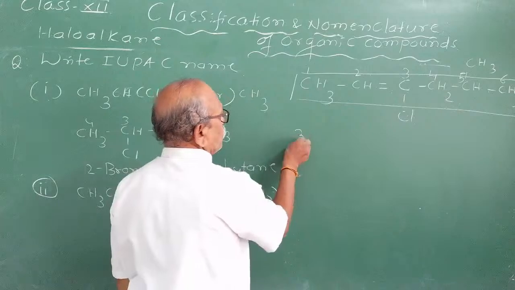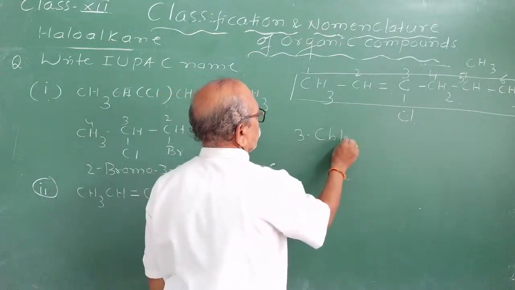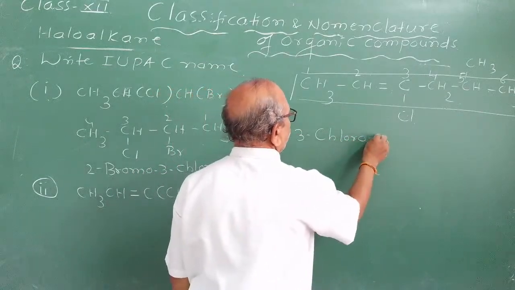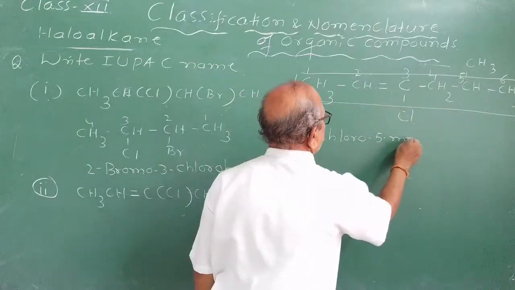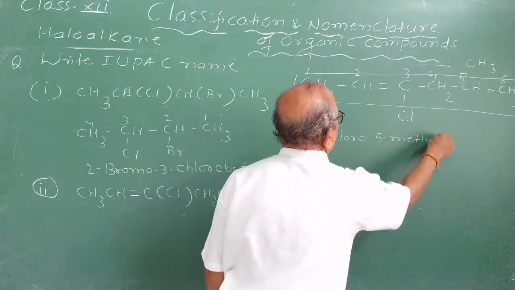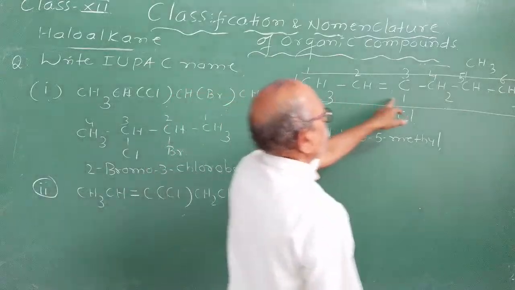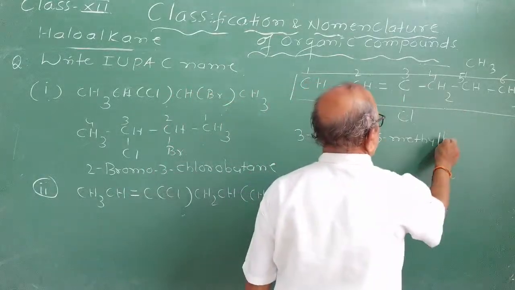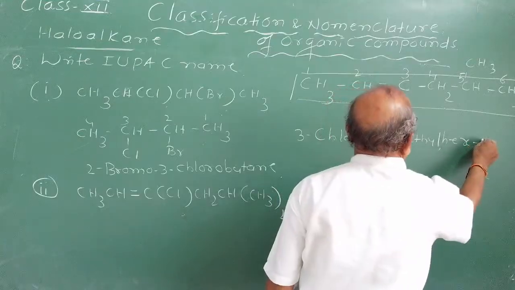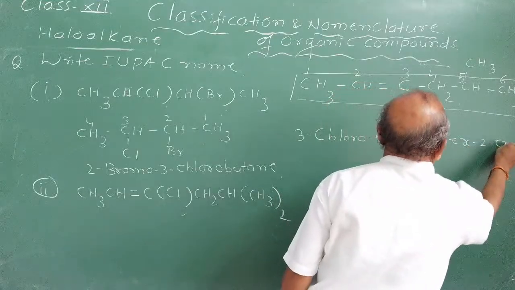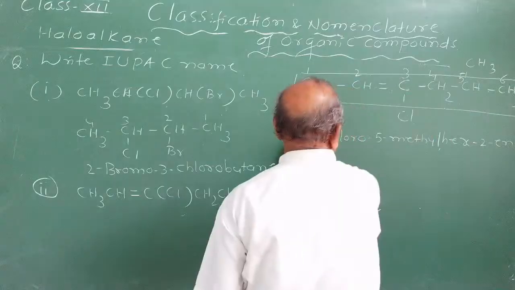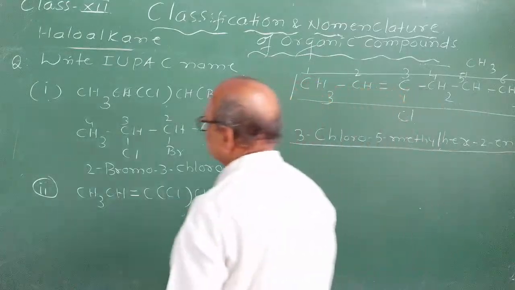Start. 3 chloro hyphen 5 methyl. What is the root word? 1, 2, 3, 4, 5, 6. Hex. Hyphen 2-ene is the systematic name of this compound.